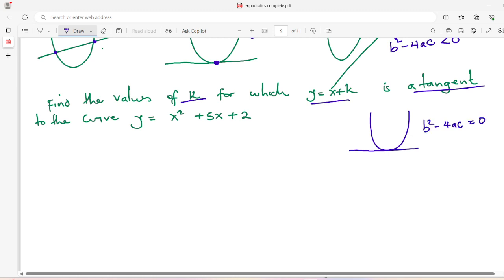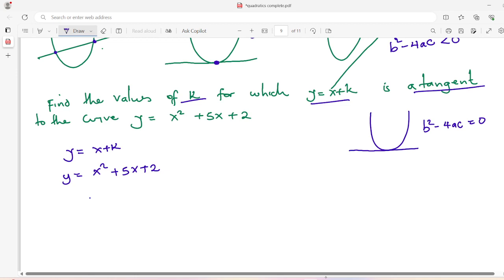So since we are talking about intersection, the line and the curve intersecting at one point, we shall begin by solving simultaneously. So if I have y equaling x plus k and another y equaling x squared plus 5x plus 2, they are all equal to y, so I can equate them.